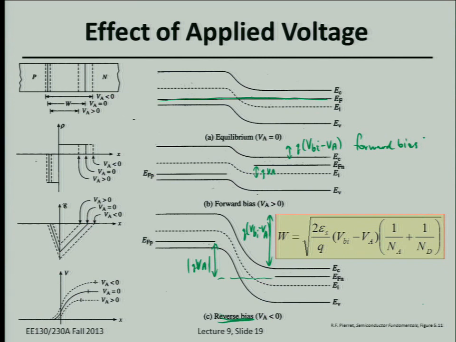Note that the built-in potential, or Q times the built-in potential, is always going to be less than the band gap energy. If you think back to the equation for the built-in potential, let's go back.